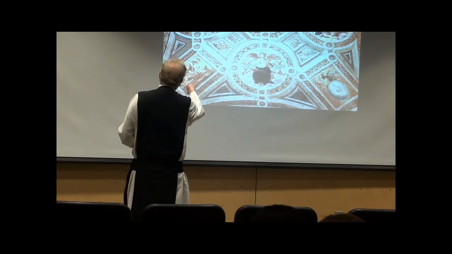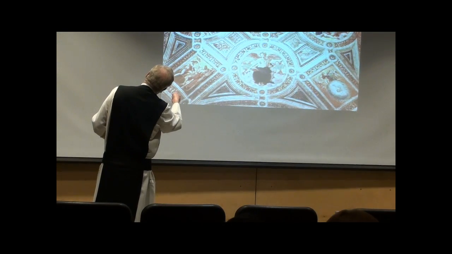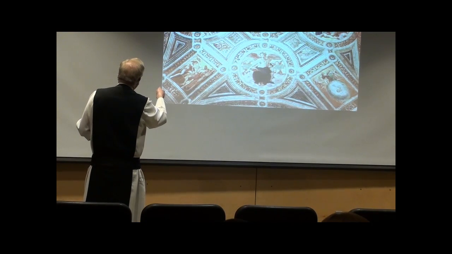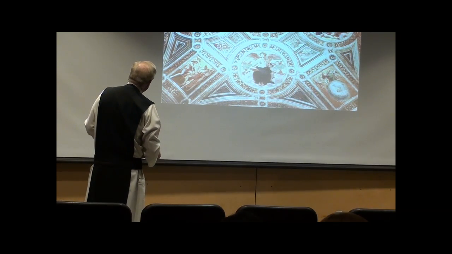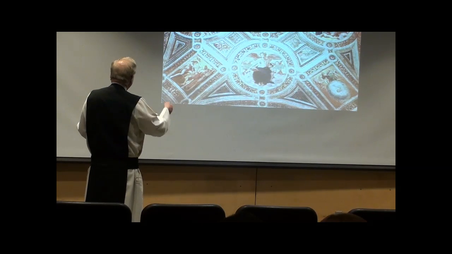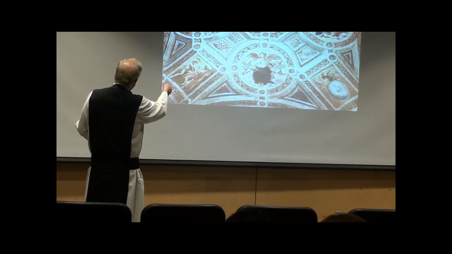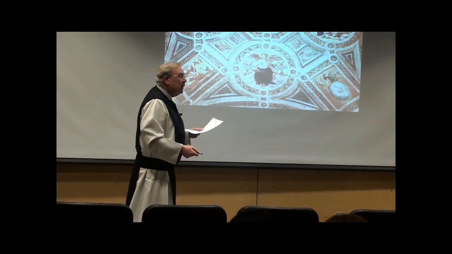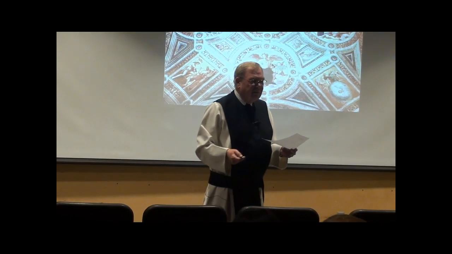And over here, this is a little harder to see, in fact, it's upside down. I don't know if we can see it. This is theology over here, and this is the notitia rerum divinarum, that is the knowledge of divine things.